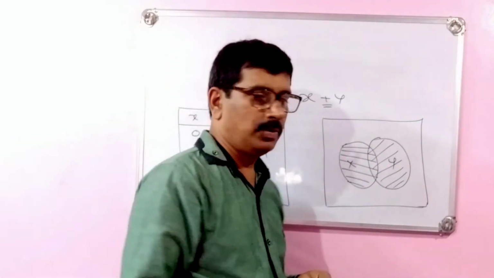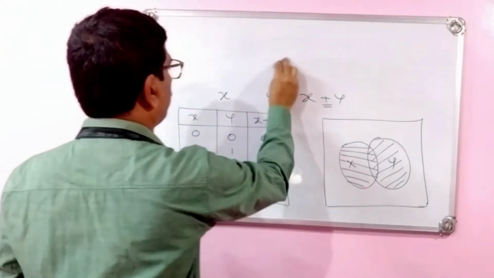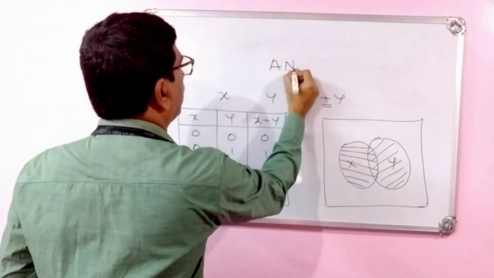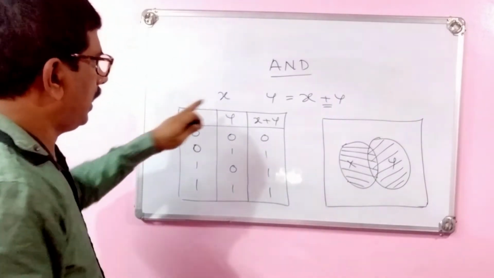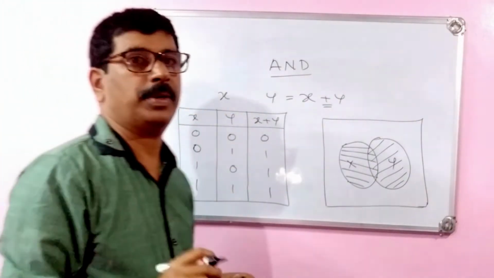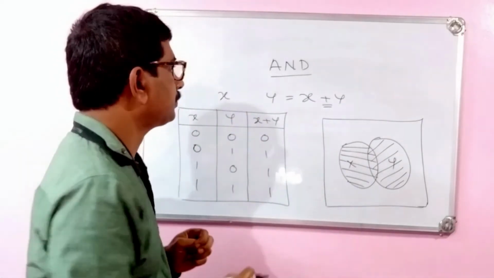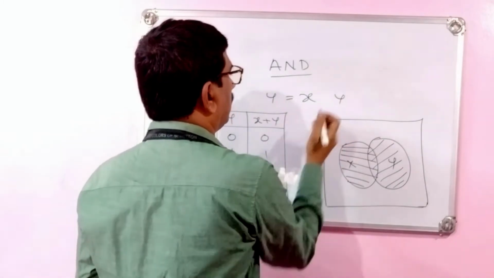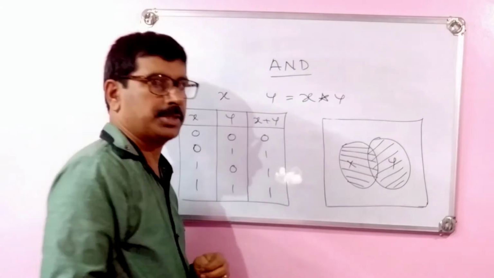Okay. Now we will see the AND operation. So how is the AND operator represented? X and y are two operands. Even this works on two operands. X into y, that means the multiplication operator.